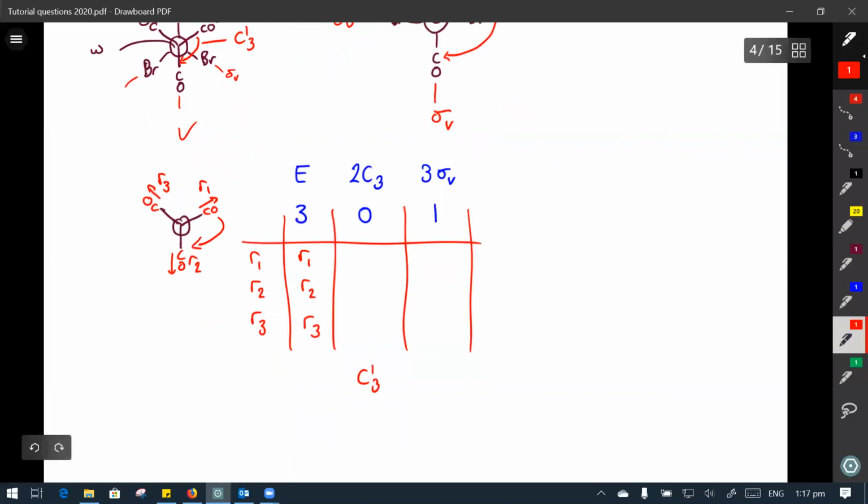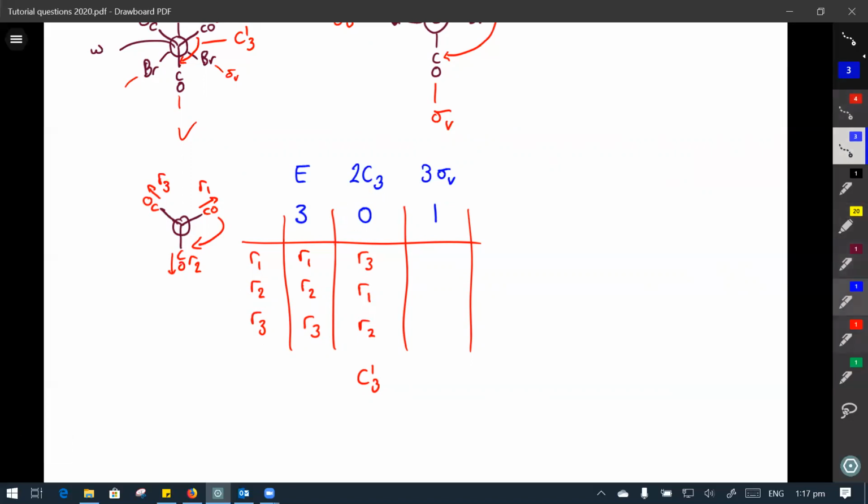So that's one rotation, right? So R1 goes to R2, R2 goes to R3, and R3 goes to R1. Okay, so that's what I mean by the vector mapping. So just to be clear, this and this don't agree, this and this don't agree, this and this don't agree, so the character is 0, okay?